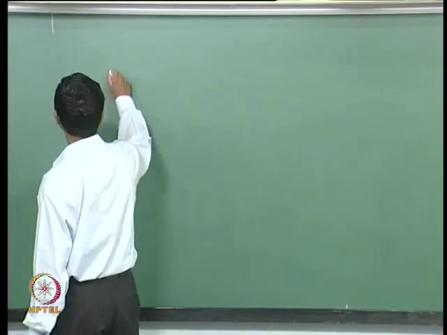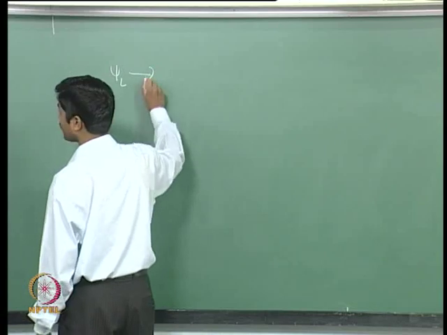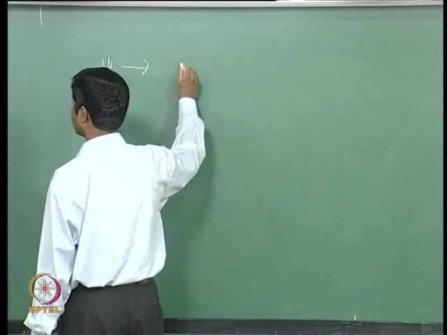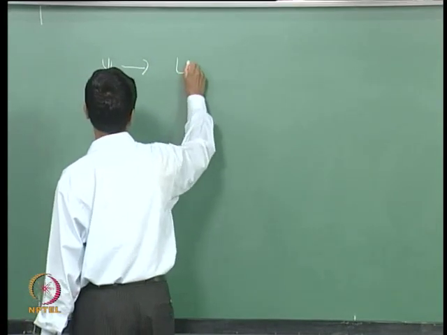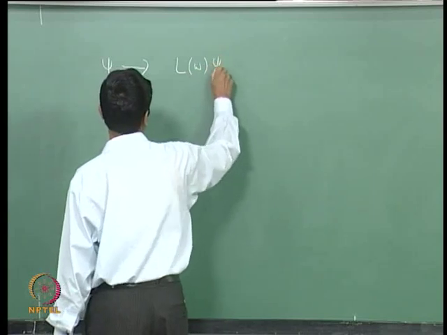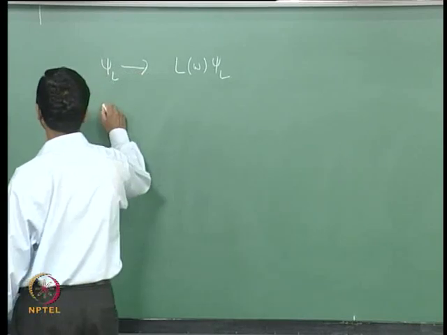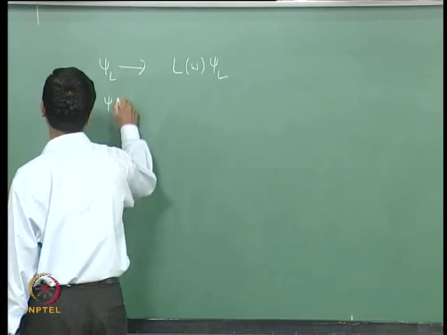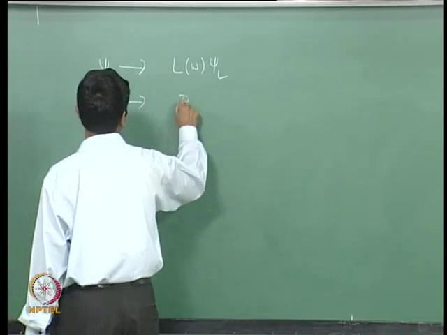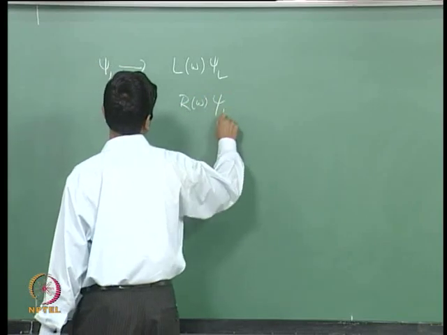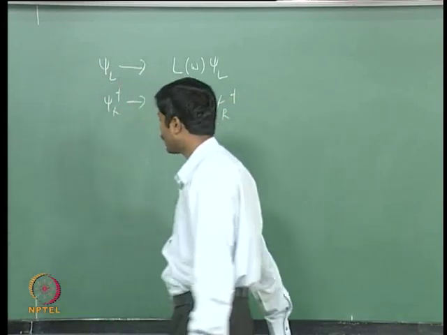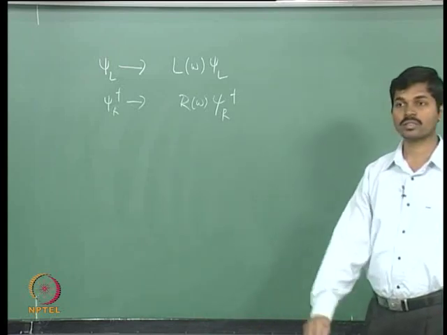Do you have a field which goes under Lorentz transformation like L of omega psi L, or under Lorentz transformation psi R dagger equal to R omega psi R dagger, and what are these fields called?